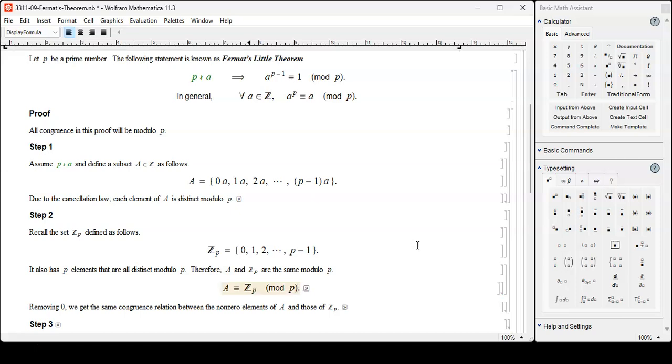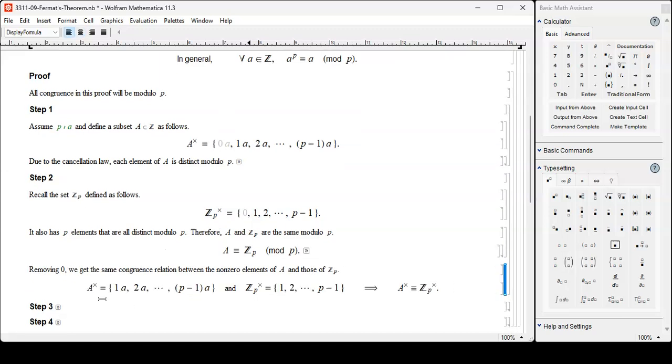And then here we're going to go one step further. We're going to remove this 0 and this 0, because 0a and this 0 are congruent, and consequently these are congruent to those, and then we're going to name those A× and Zp×. Actually, this is not x, this is a multiplication symbol, and it's shorthand for non-zero elements.